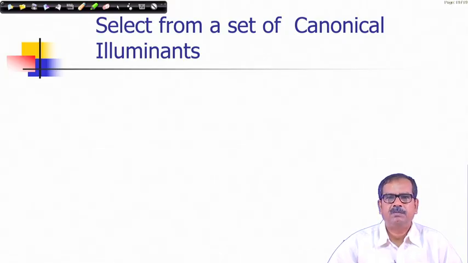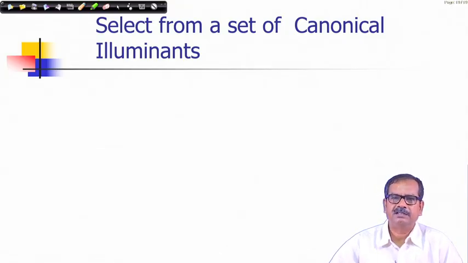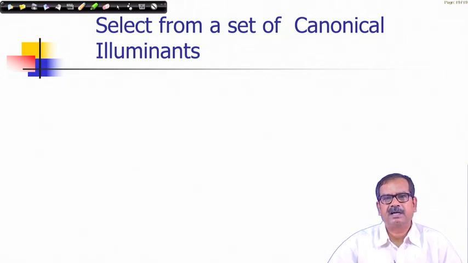That means, we have models of different canonical illuminants in terms of their RGB distribution in a color space. It could be RGB space, it could be xy space, and then given an image, we try to find out what kind of distribution there is in that space.